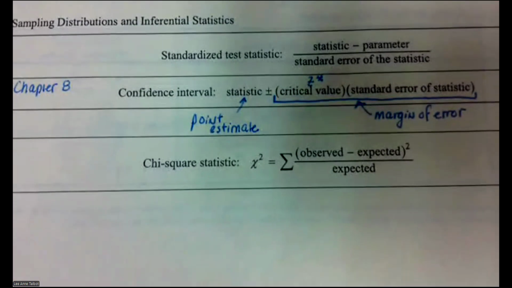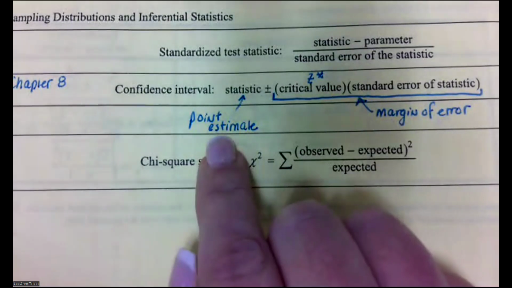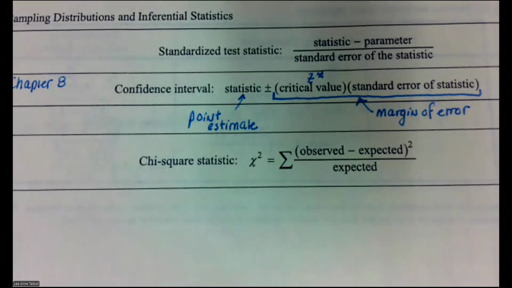I'm going to allow you to say that the statistic is the point estimate and that those two pieces multiplied after the plus or minus, I'm going to allow you to label that as the margin of error. And then for this chapter, it's not always Z star, by the way, but for this chapter, the critical value will be Z star, and you can label him up there.